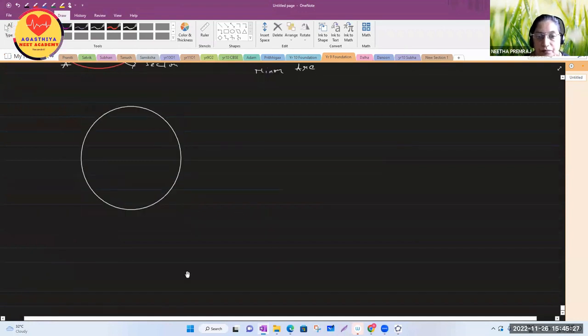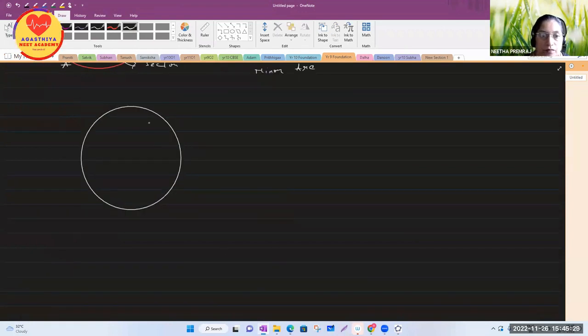There is a circle. Here is a chord. AB is a chord.